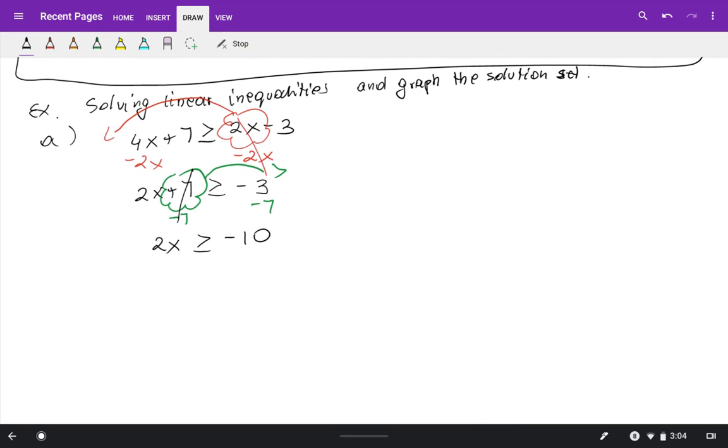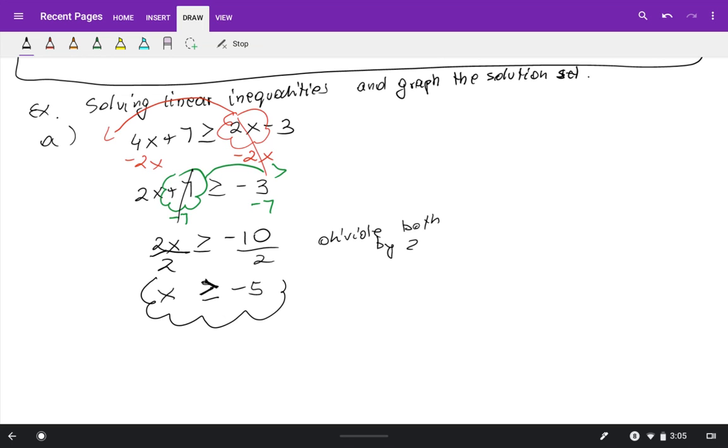And the last step, you always want to isolate x. Since you have 2 times x, you will divide both sides by 2. Since you divide by a positive, the inequality symbol stays exactly the same, so we have x greater than or equal to -5. So this is our solution.